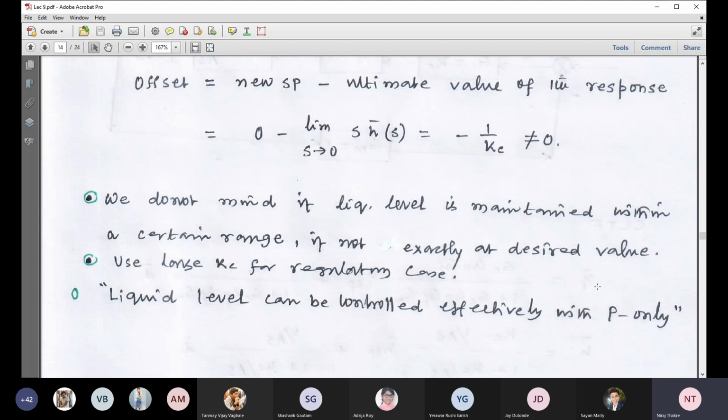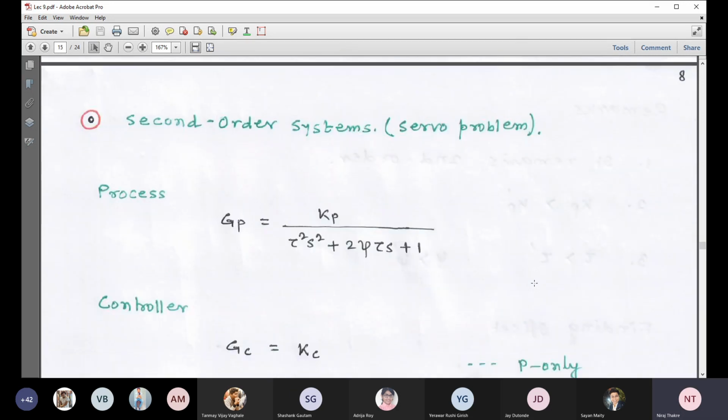In the next phase, we want to consider a second order process plus P only controller, and see what the offset is. We will go through that briefly. Do you have any questions, students, till this point? If not, we'll go to the next topic. If you have any question, you can ask me now. Okay, good.